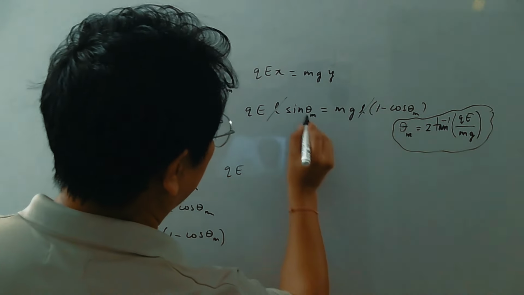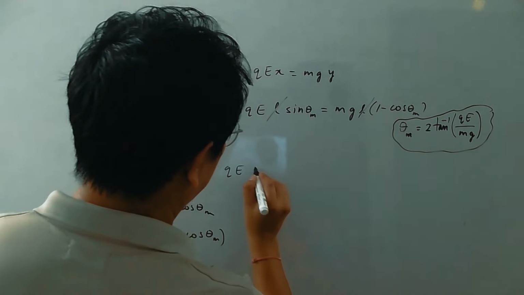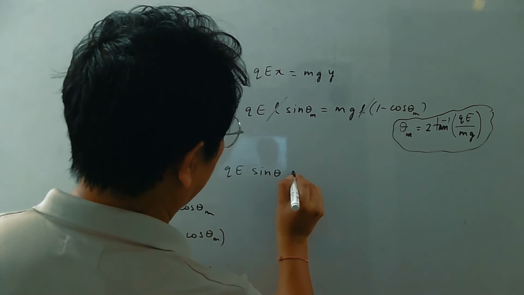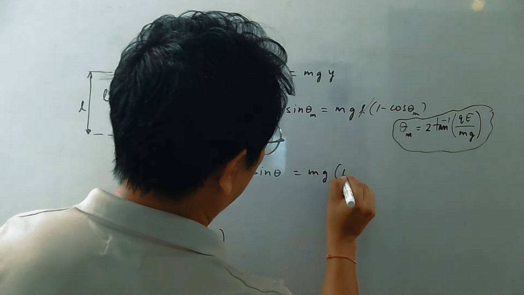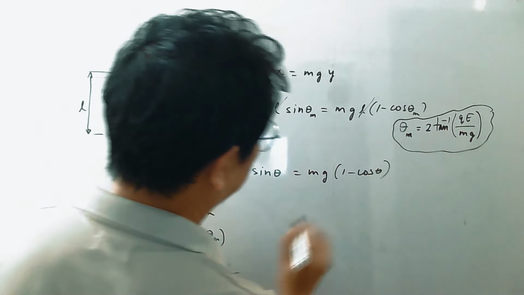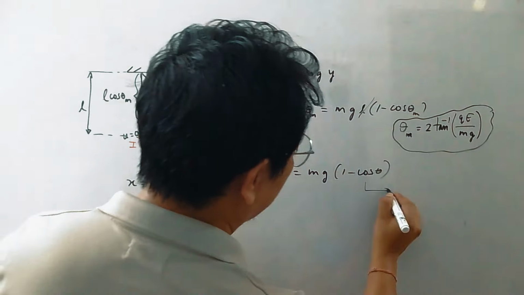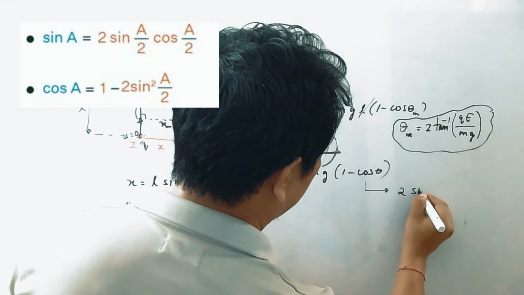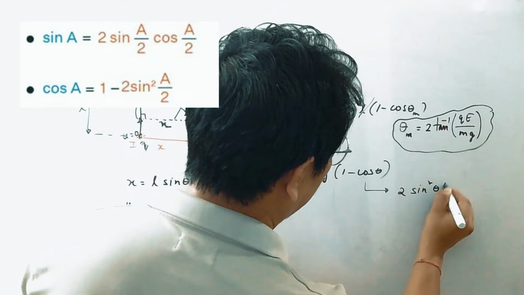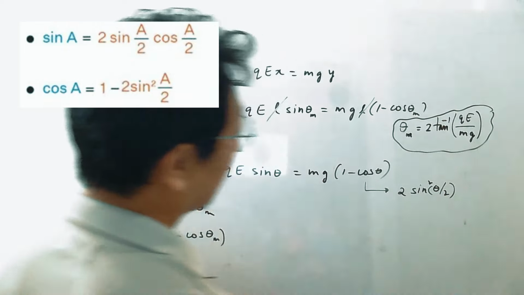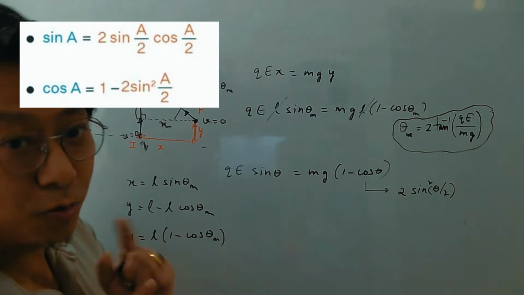Now look carefully. This 1 minus cos theta you need to simplify. Now 1 minus cos theta, you must know, is 2 sine square theta by 2. Okay, 1 minus cos 2 theta is 2 sine square theta.